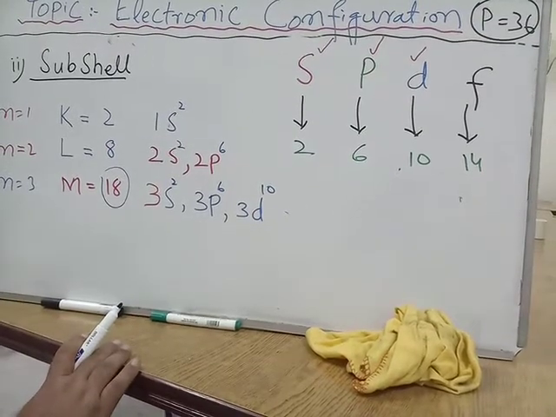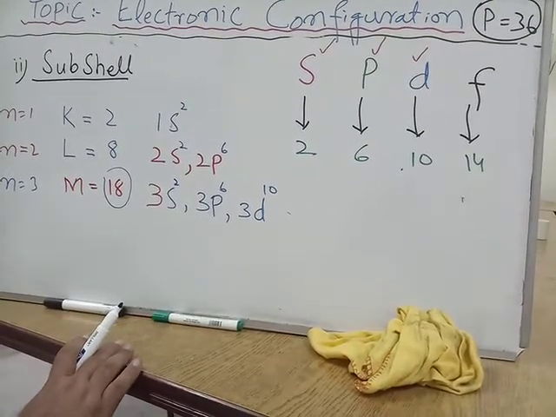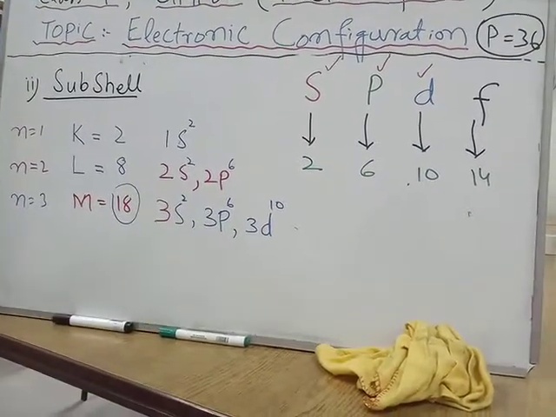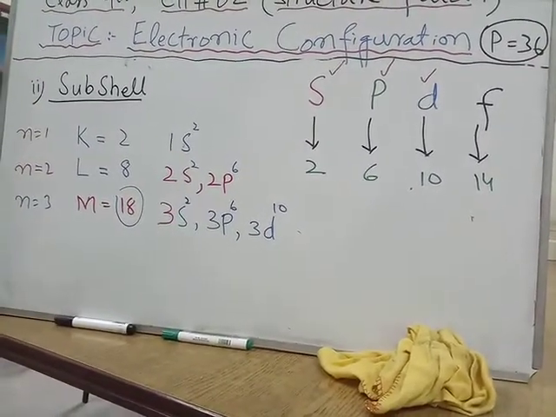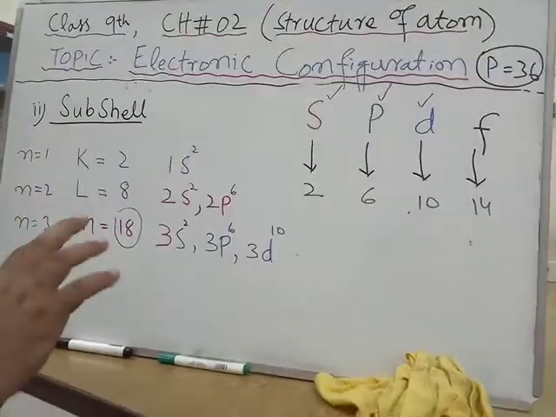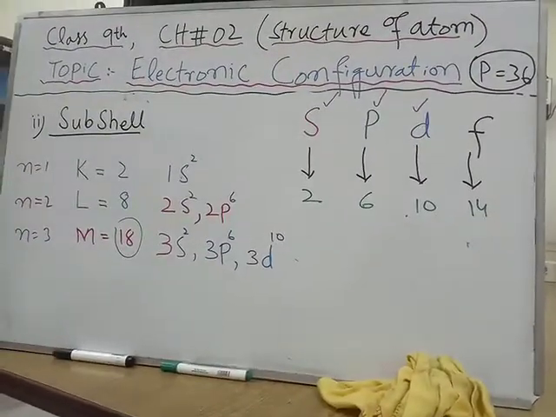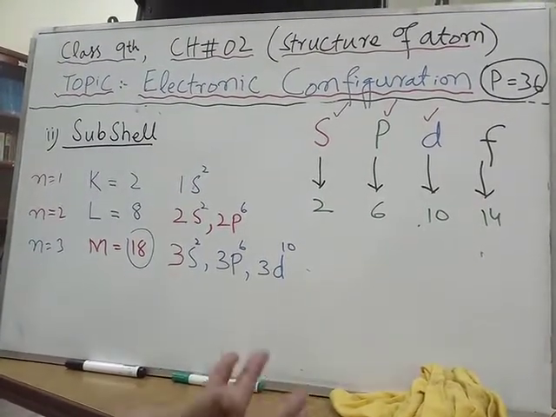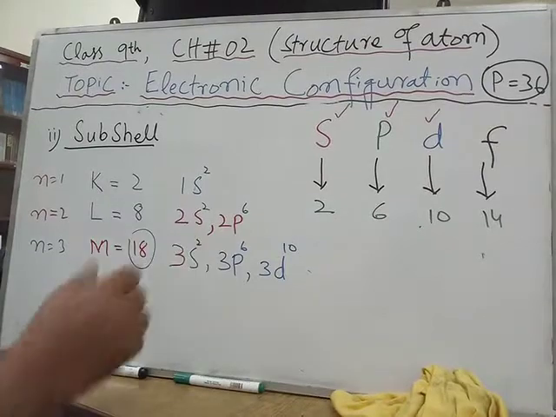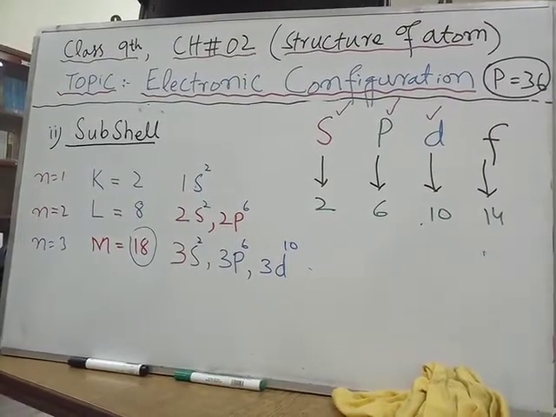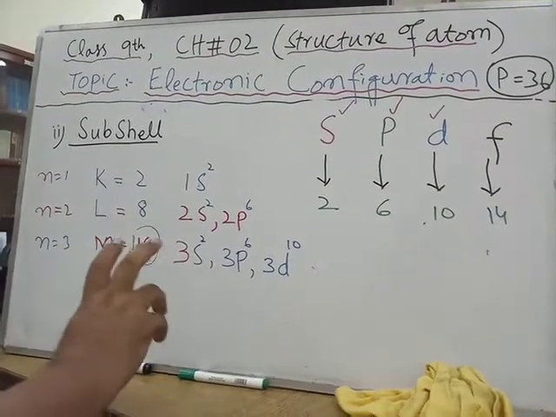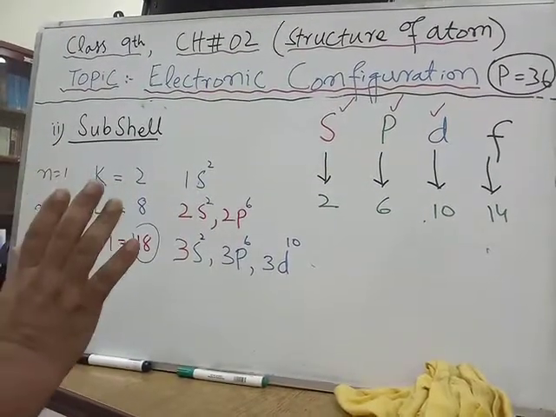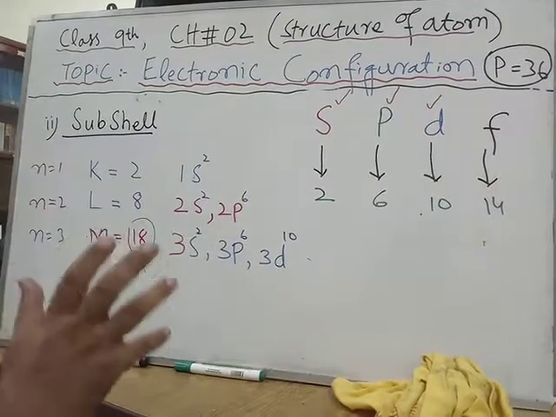In this way, we can put some more electrons and proceed further, but there is some confusion in this order because 4s has lower energy than 3d, so we will not follow this order. I shall draw a special diagram and you have to follow that diagram while writing the electronic configuration.